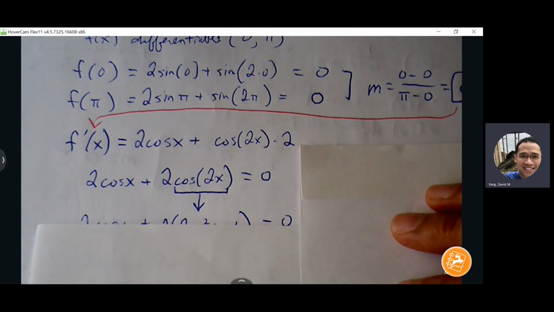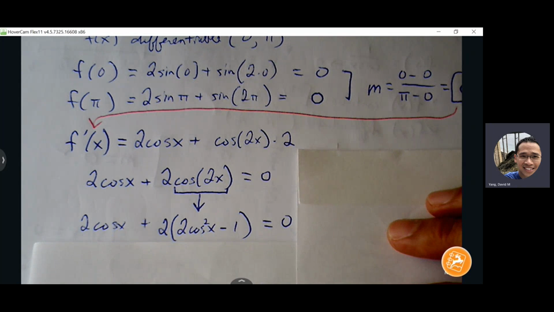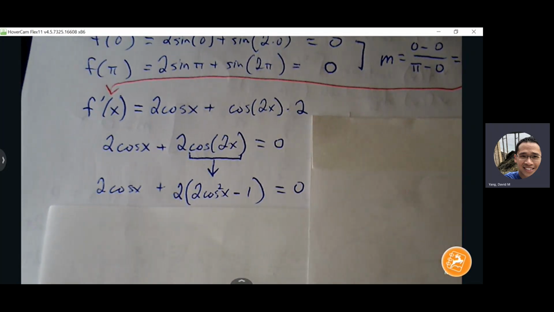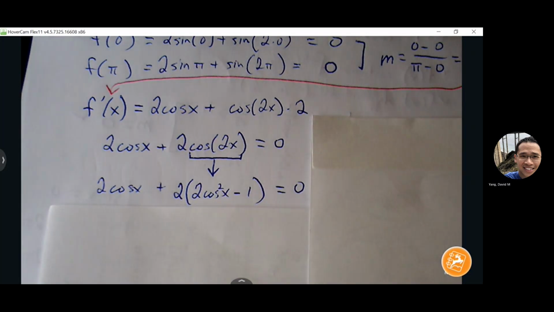Okay, so we choose the one that has cosine in it to make it quicker to our solution so that we can just get it all down to one trig function. So cosine 2x can be expanded into 2 cosine squared minus 1. Okay, distribute that through.